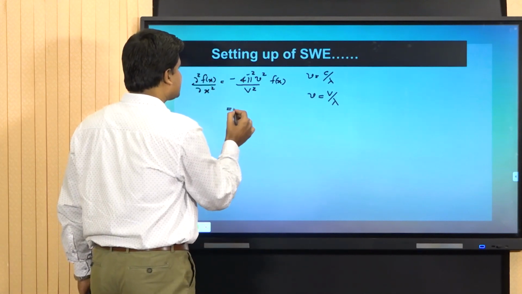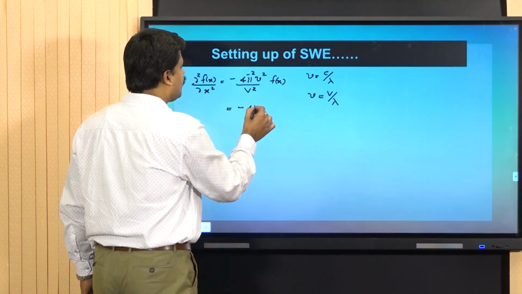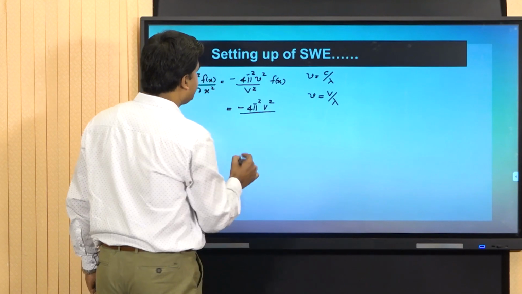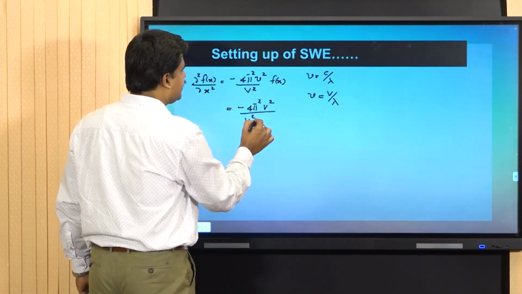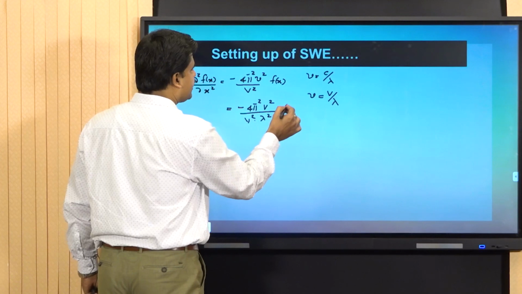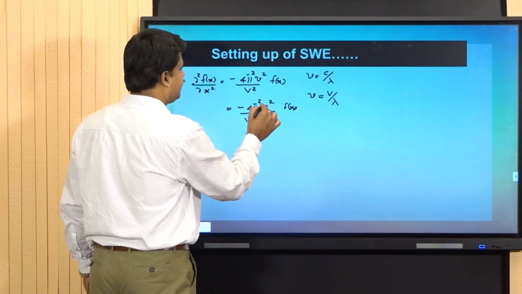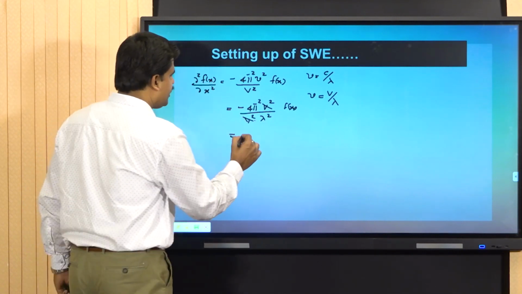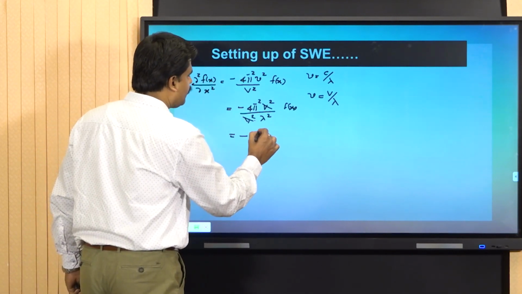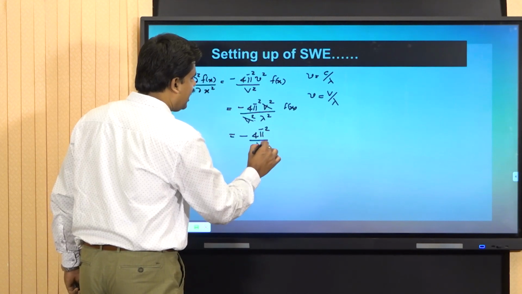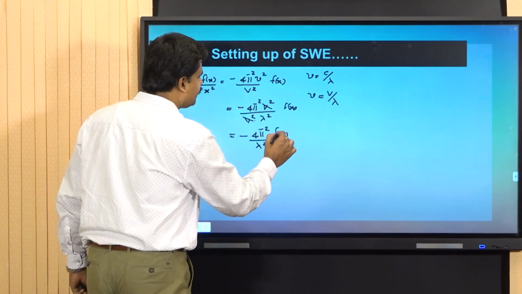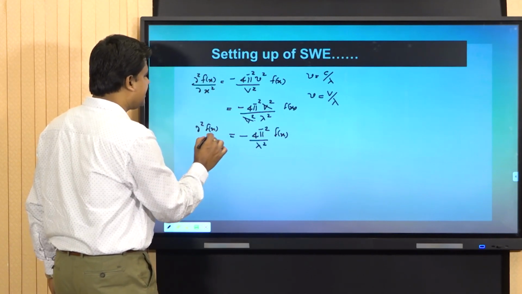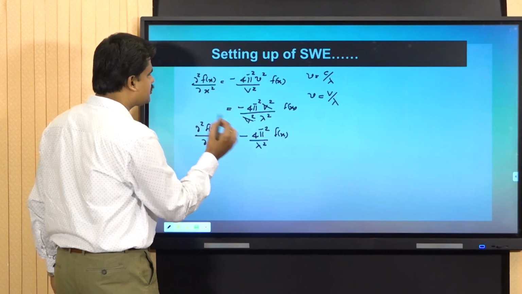Hence, I got the relation minus 4π² v² divided by v² λ² into f(x). v² vanishes, and the RHS will be equal to minus 4π² by λ² into f(x). This is equal to ∂²f(x)/∂x².